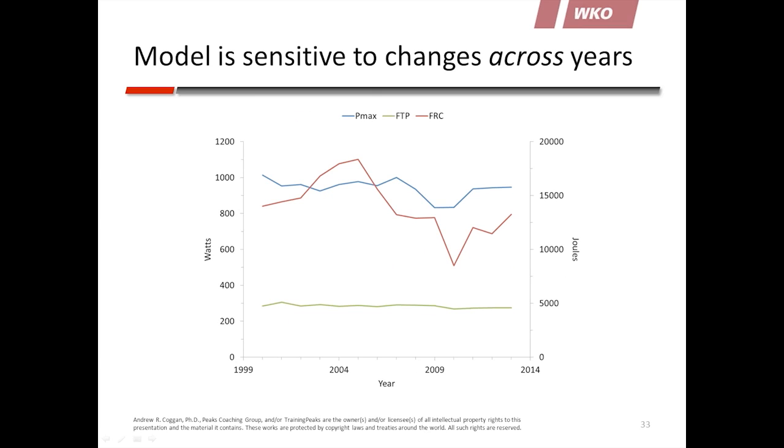So here are the model-derived parameters for myself, yours truly, for 2000 through 2013. I got one of the first power taps in 1999, but it wasn't downloadable yet, so I don't have power data from download until 2000.